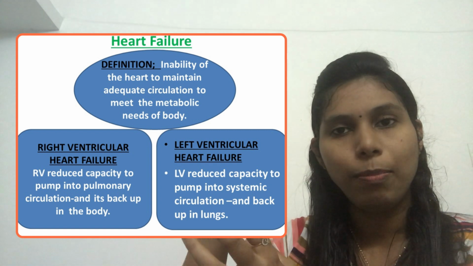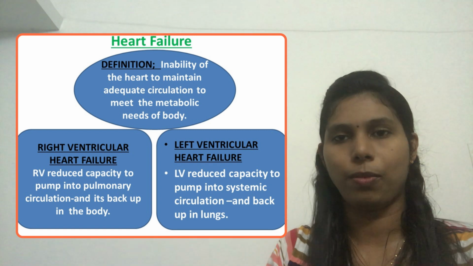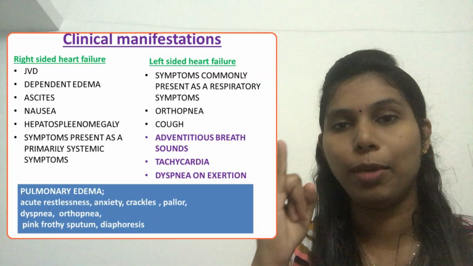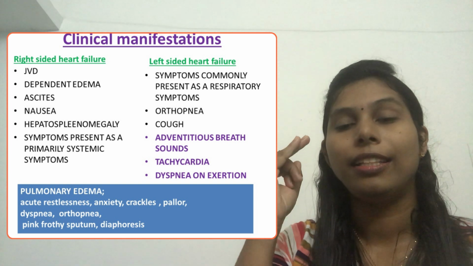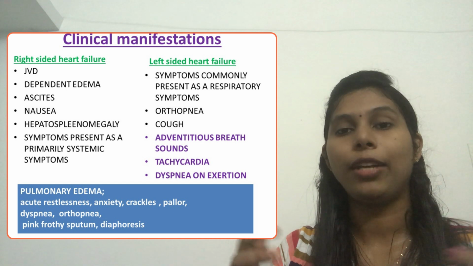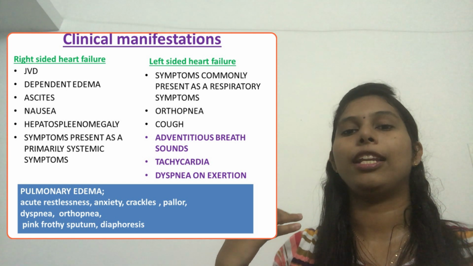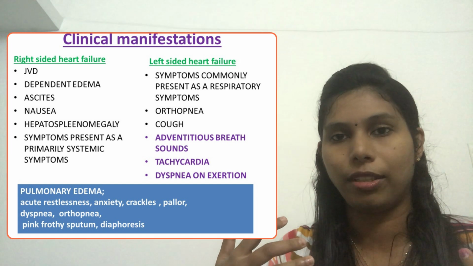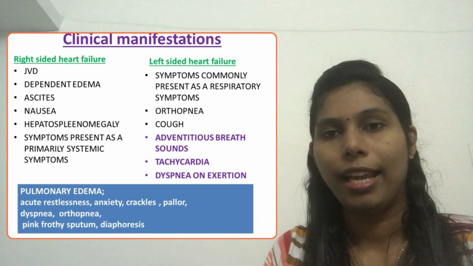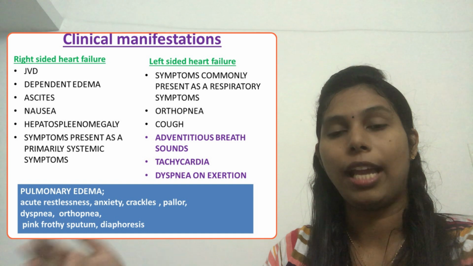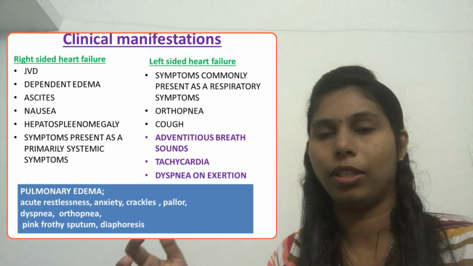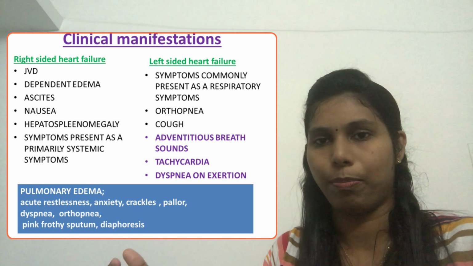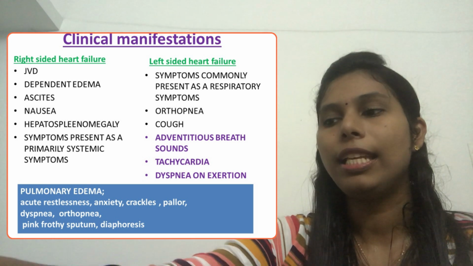So once the blood backs up in the lungs, what will be the symptoms? Dyspnea or difficulty breathing or shortness of breath, then crackles, then another one, orthopnea. The client cannot sleep properly in a supine position because of the shortness of breath. And there are some other problems related to the left side, where the lungs are affected.